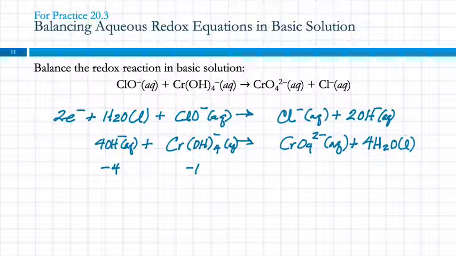And then CrO4, it's kind of an ugly 4, 2-, that charge is for the whole thing. It's a polyatomic ion. And then the water doesn't have a charge. So I have -5 on one side and -2 on the other. So if I add 3 electrons, then I have -5 on both sides.